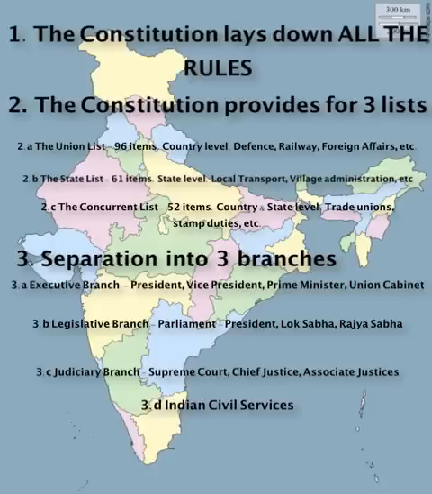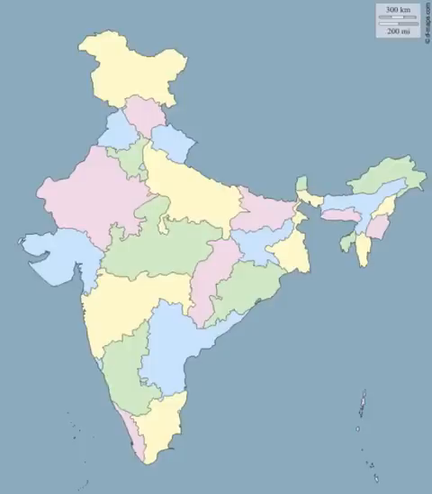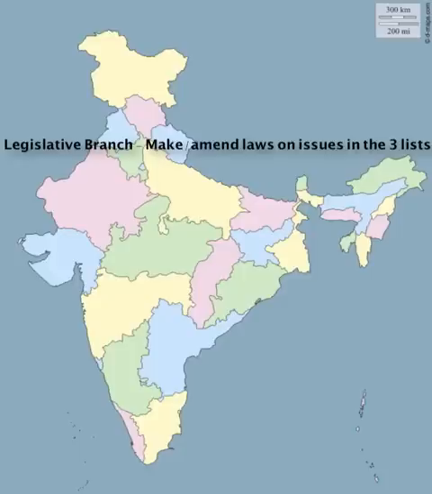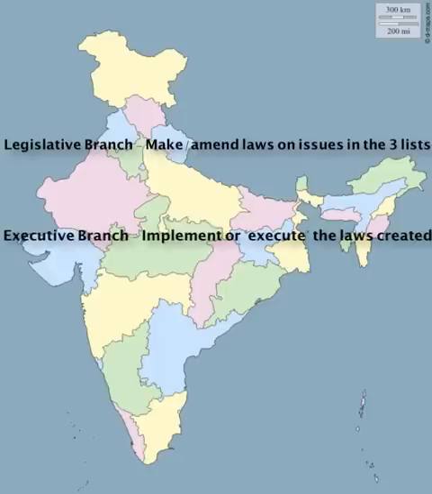So let's understand very briefly what these 3 branches do. Let's start with the legislative branch. As the name suggests, the main purpose of this branch is to legislate on the issues mentioned in the 3 lists in the Constitution. What this means is that this branch is in charge of creating new laws as necessary as well as amending existing laws. Now, the executive branch of the government is in charge of implementing or executing these laws that are created by the legislative branch.